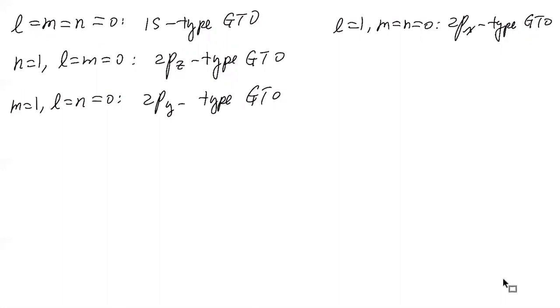So sometimes when you read the literature, if you find other people saying, I'm using a 2py orbital, I'm adding an additional S-type Gaussian type orbital in my basis, it doesn't mean he's adding a physical solution of the hydrogen atom or hydrogenic system. No, it actually means he is adding this mathematical function with a particular combination of NLM in his basis. That's what he means, okay?